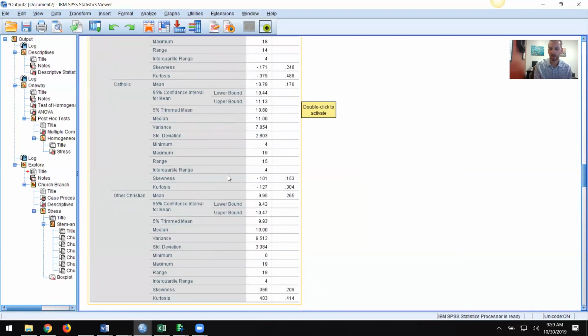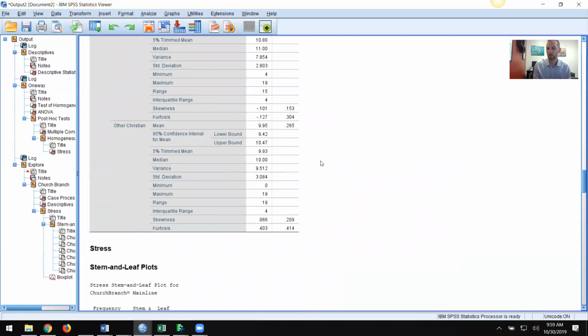So we have 6 groups, and I would recommend in your report just writing up that we calculated the descriptive statistics for the various groups, and they are reported as follows, where you put a colon, and then you put mainline, and then in parentheses mean, standard deviation, and then evangelical, and you put in parentheses mean, standard deviation. That just sort of sums it up pretty well, and so I might recommend doing something like that.